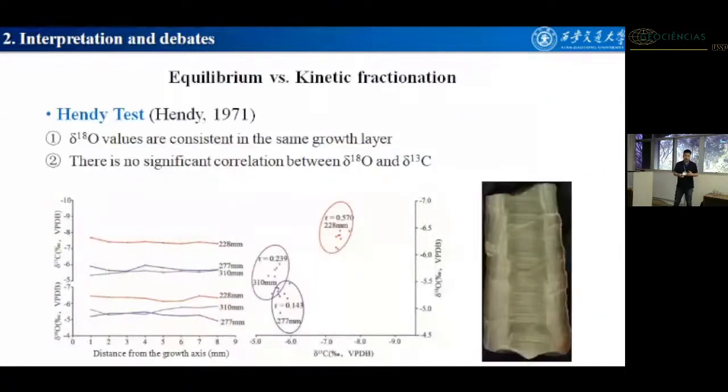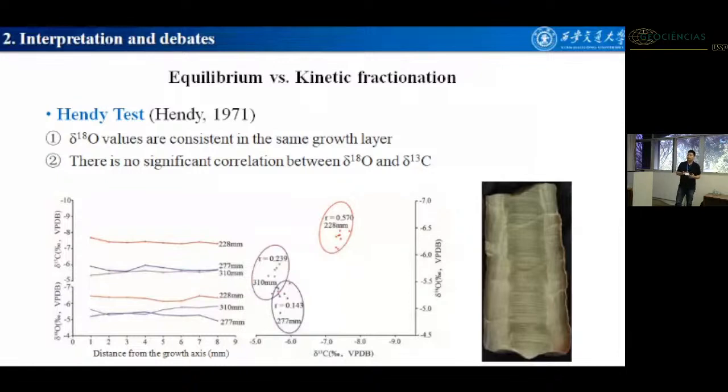So when we get a sample and want to use the oxygen isotope, we must first test its isotope equilibration or kinetic fractionation, like the Hendy test. It has two conditions. One is that in the same growth layer, the delta O18 values should be consistent.